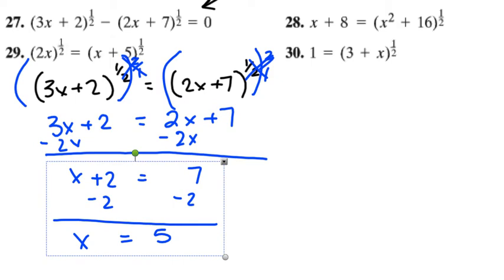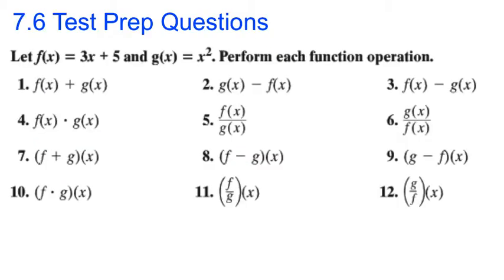So plugging 5 in, 3 times 5 is 15, 15 plus 2 is 17. So that's 17 to the 1/2, minus 2 times 5 is 10, 10 plus 7 is 17. So yeah, 17 to the 1/2 minus 17 to the 1/2 is 0. Voila.